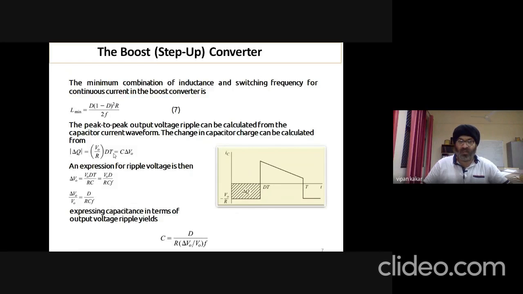V naught multiplied by dt divided by R multiplied by C. So using this equation, just rearranging it, we can easily find the voltage ripple over here.